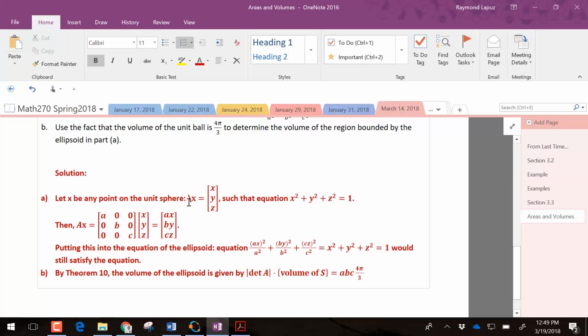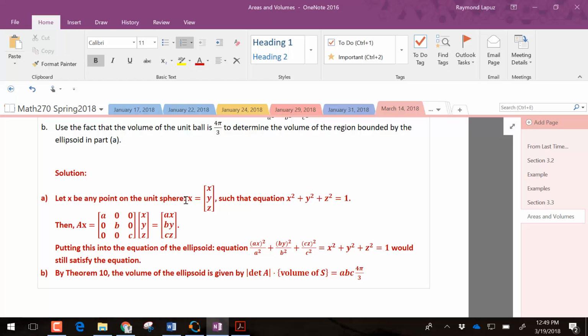Any x value, by x vector, I mean x, y, z. So we want to know what happens when we apply the matrix to it. And when we apply the matrix to it, basically it gets sent to ax, by, and cz.